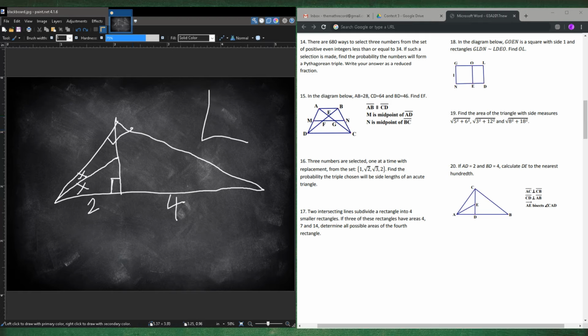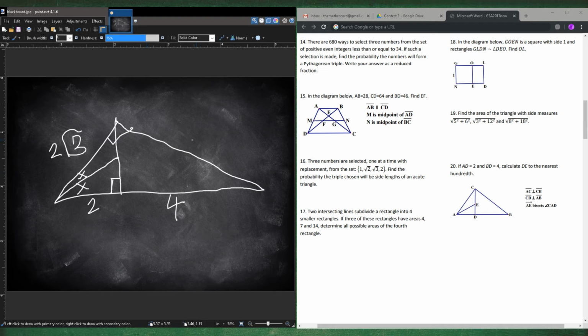Let's call this A. A squared is equal to this entire side length, which we'll call C, times the smaller one right next to it. So A squared would be equal to 2, the smaller part right next to it, times the entire thing, which is 6. So that's 12. So A squared is equal to 12, so A is equal to 2 square root 3.